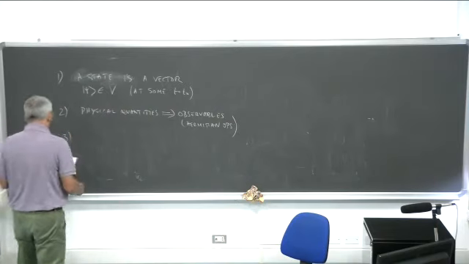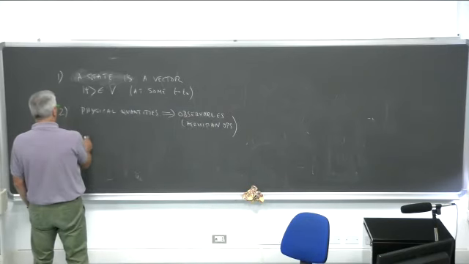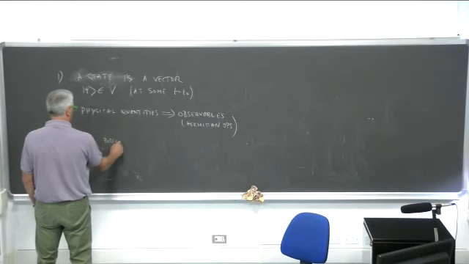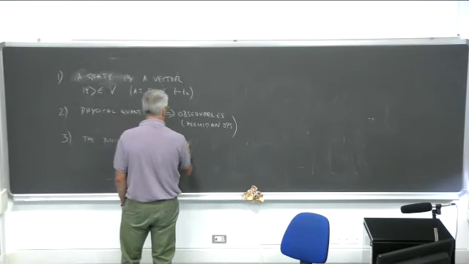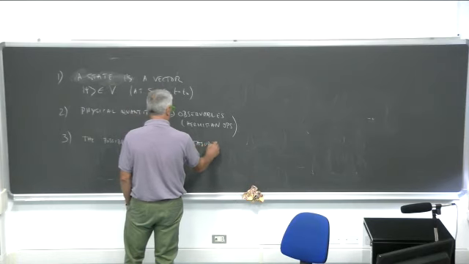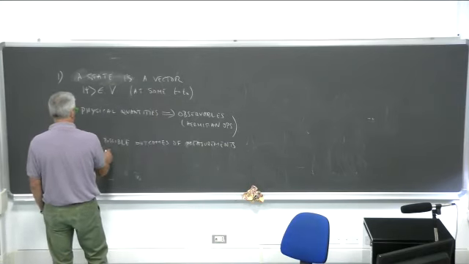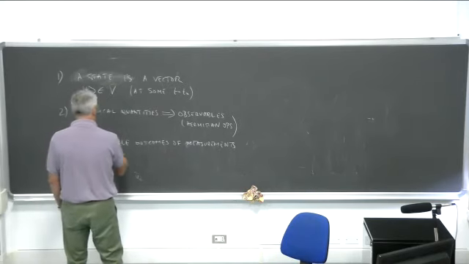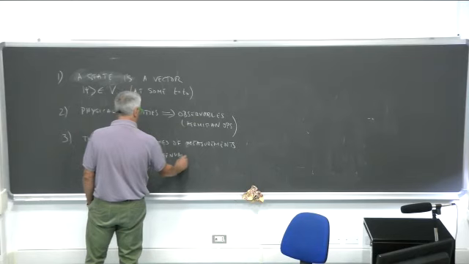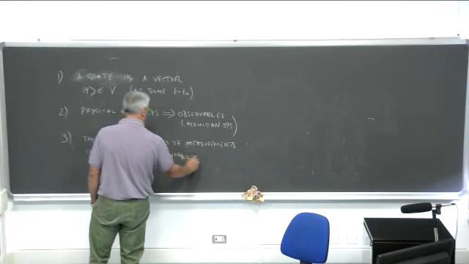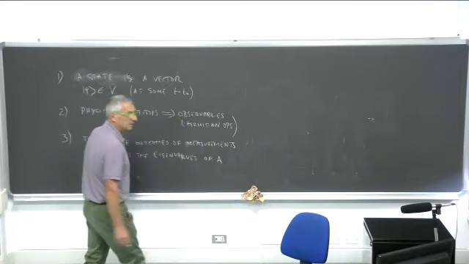And then the third thing is that the possible outcomes of measurements of A, being physical quantities, are the eigenvalues of A. So identify the physical quantity with the corresponding operator, okay?